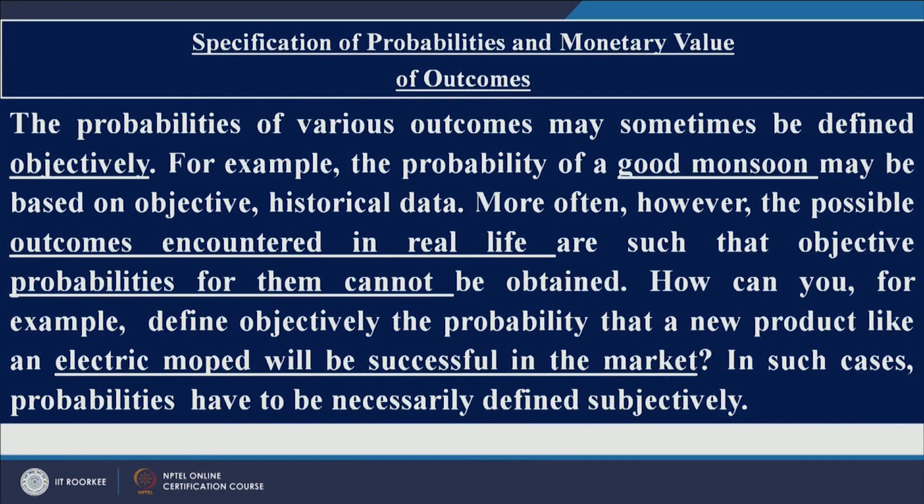Now, since I do not have any past data about failure or success of electric moped, what I will do is assign some probability based on my experience. So, let us say probability is 0.5, or let us say 0.3. It would be different; different experts will give different probabilities. So, this is the way in which you can assign probabilities.